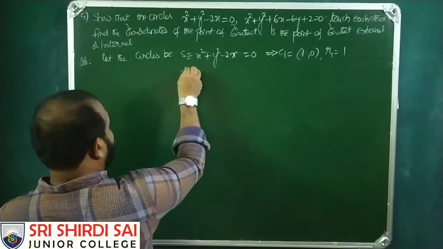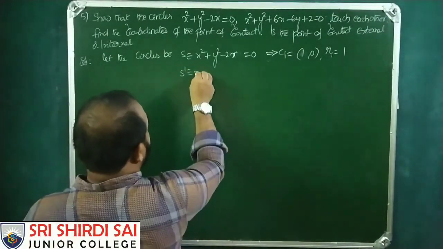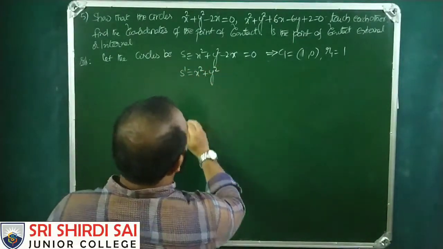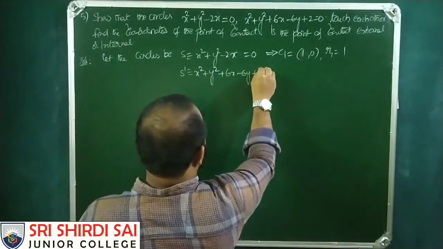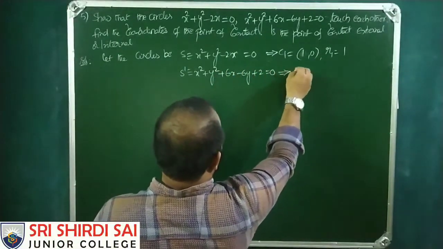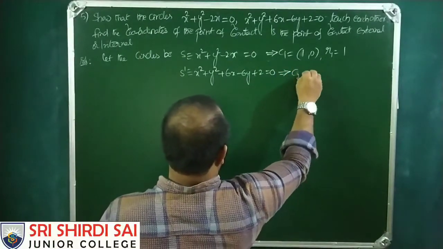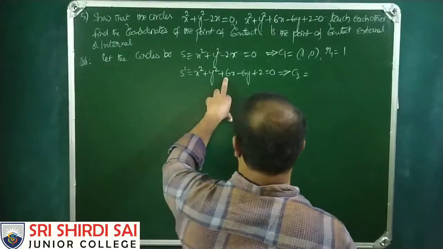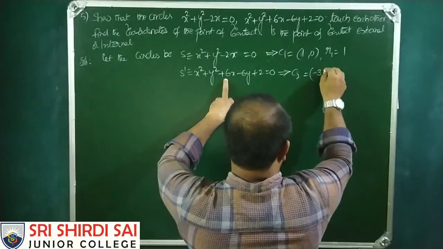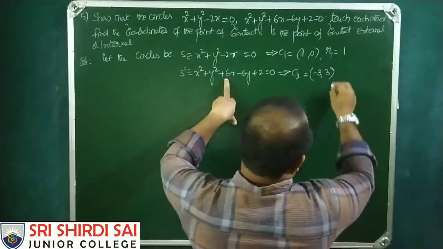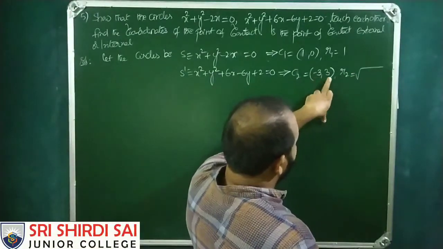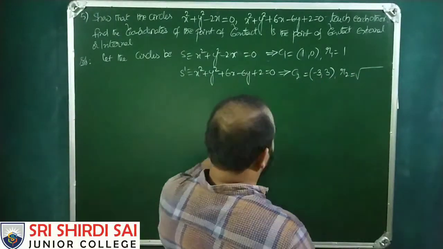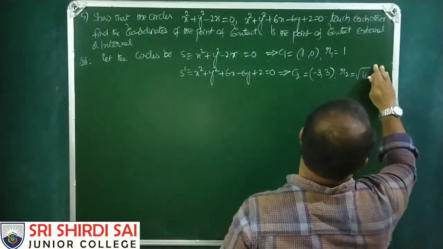And the second circle is S dash: x square plus y square plus 6x minus 6y plus 2 equals to 0. C2, the center of this circle, is minus 3 comma 3 and radius r2 is equals to square root of 3 square 9, 9 plus 9 is 18, minus 2 is 16, root 16 is 4.